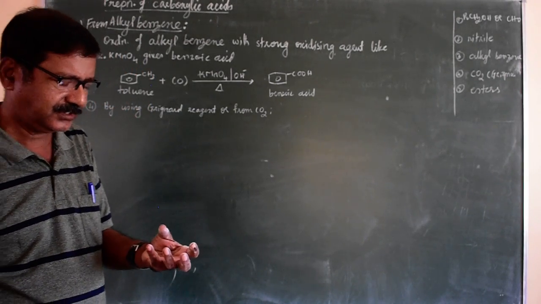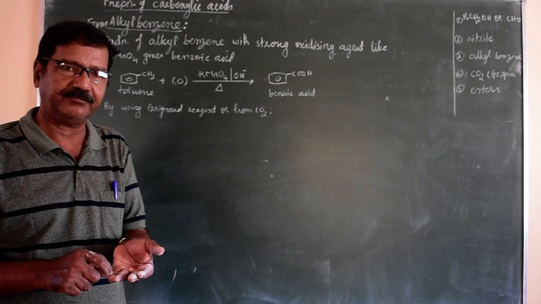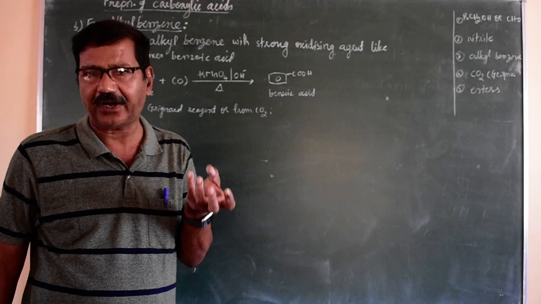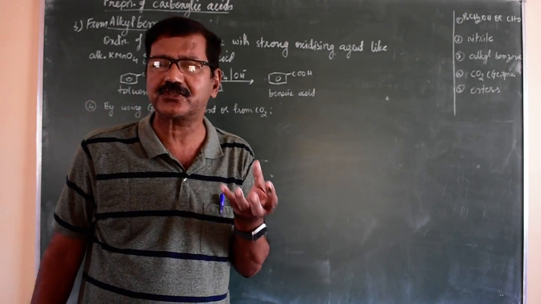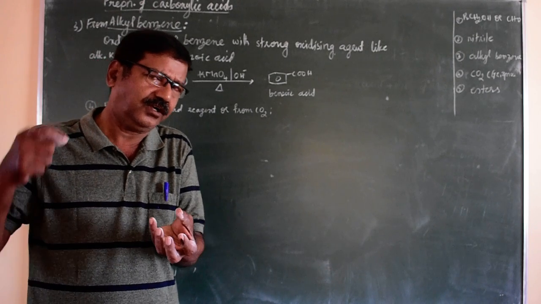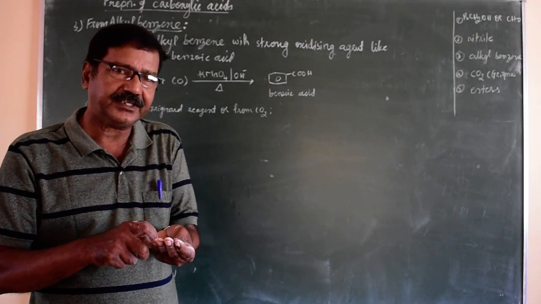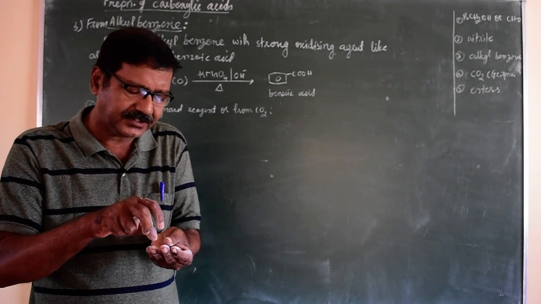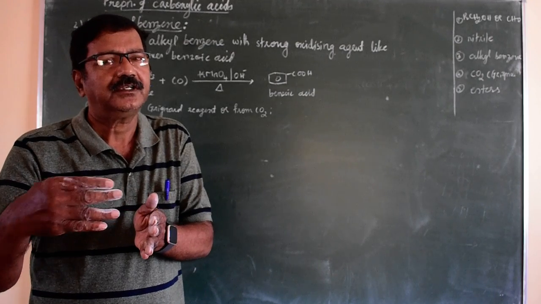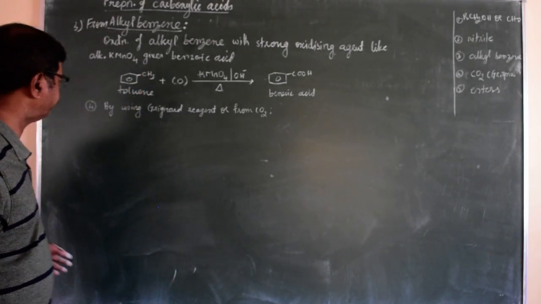In this case, carbon dioxide is bubbled or passed. Sometimes dry ice is used, which is nothing but CO2 in solid form. To that solid CO2 or gas, the ethereal Grignard reagent is added. The addition product is formed, which is hydrolyzed to give the carboxylic acid.